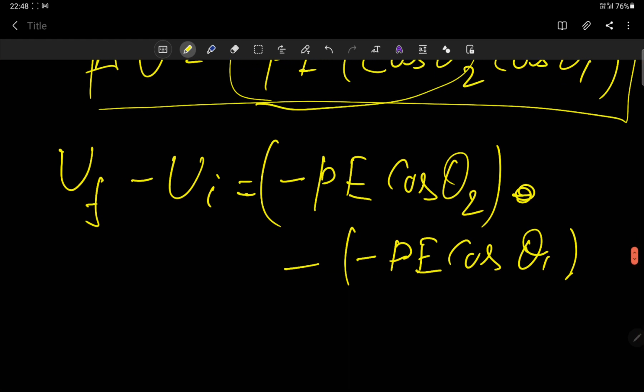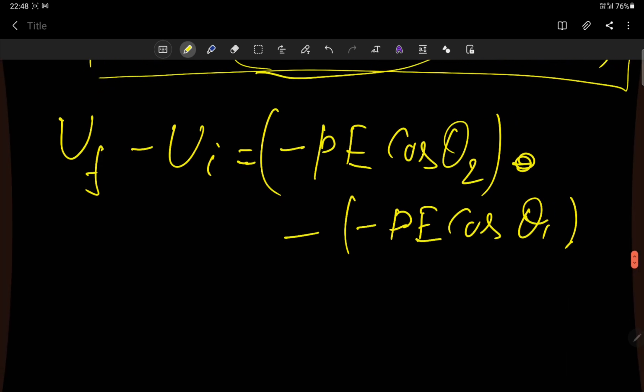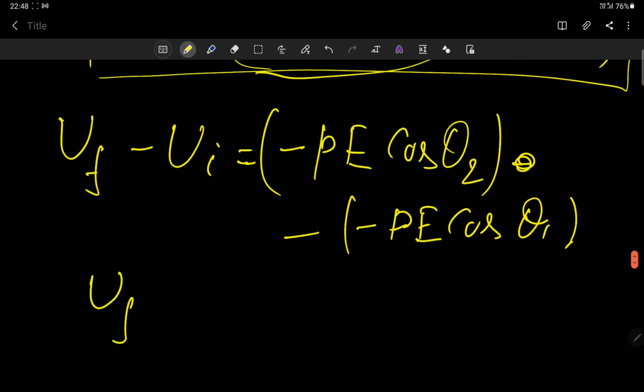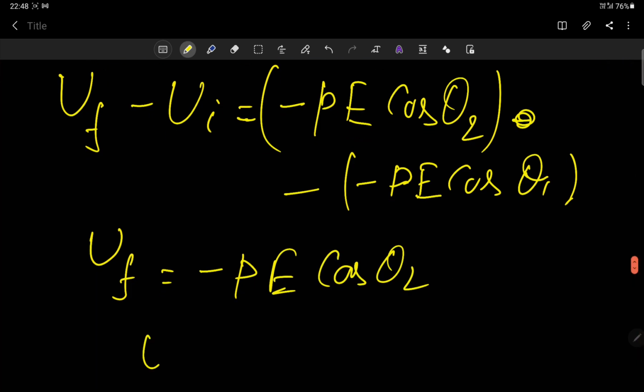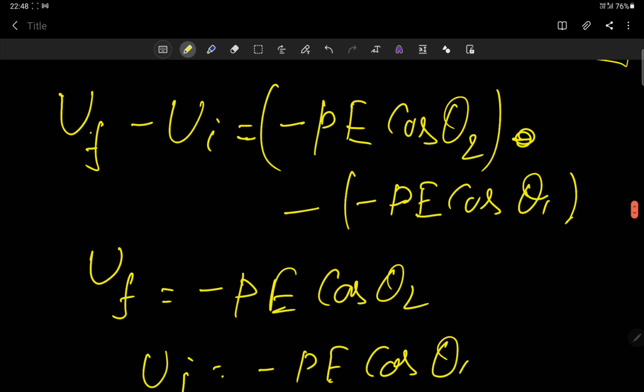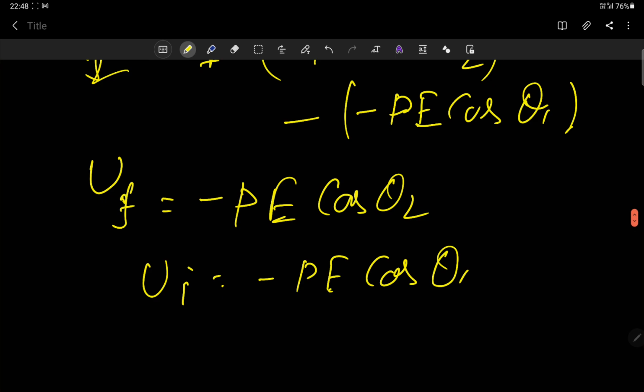Now look, if you compare these two equations, what can you write? The final potential energy is equal to minus P E cos theta 2 and the initial potential energy is equal to minus P E cos theta 1. So the potential energy at an angle theta 2, U2, is minus P E cos theta 2, and U1 is minus P E cos theta 1.